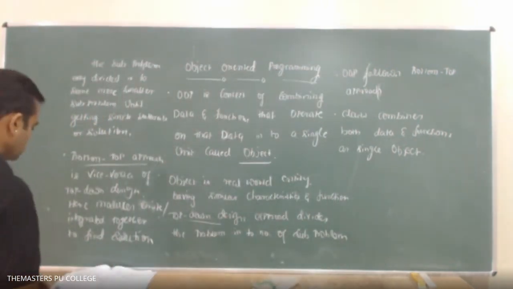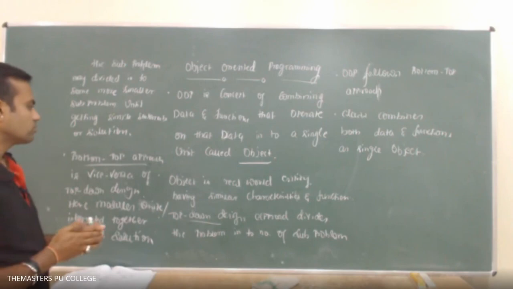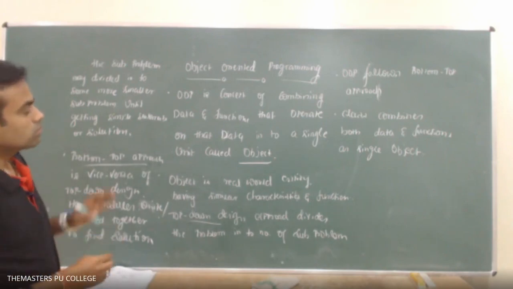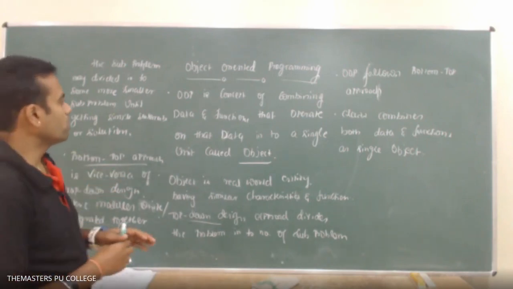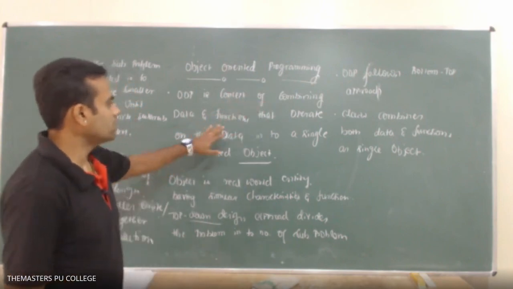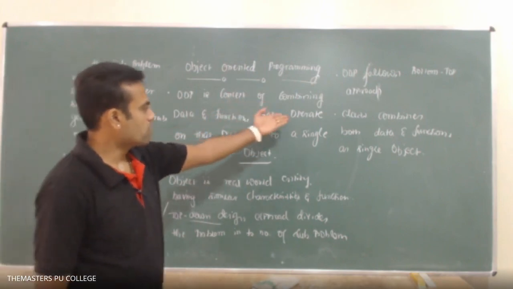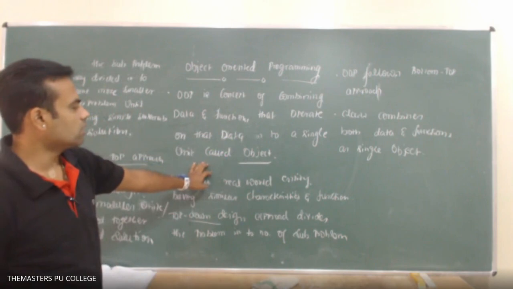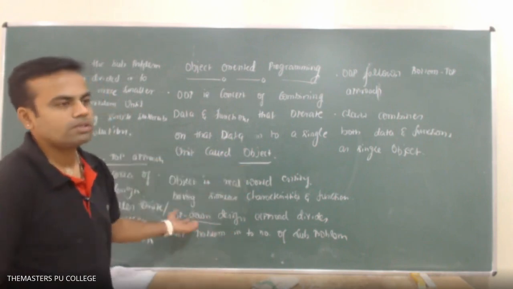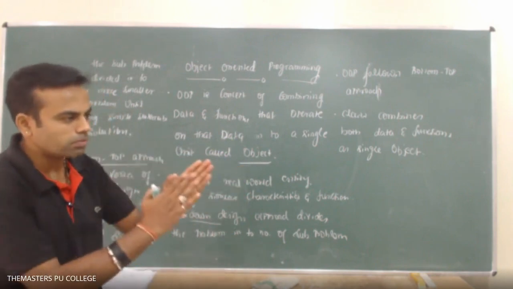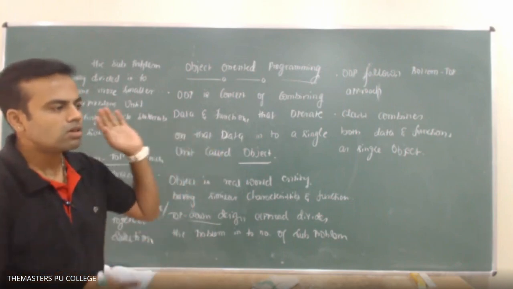This is what we call object-oriented programming. It is the concept of combining data and functions that operate on the data into a single unit called object. An object is nothing but a real world entity which bears the same characteristics and functions.